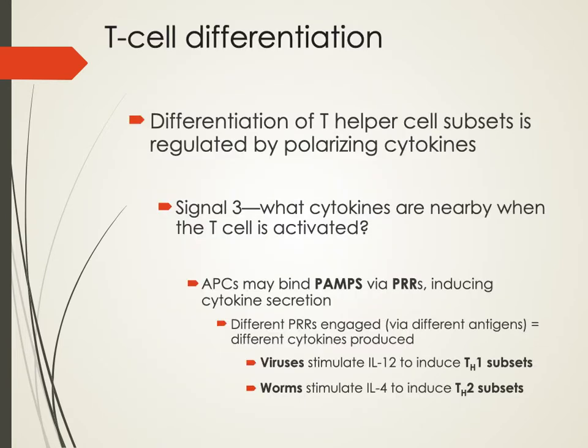So when we look at T cell differentiation, we have a number of different subsets that can arise, and which T cell subset we end up with depends upon the cytokines present in that third signal.